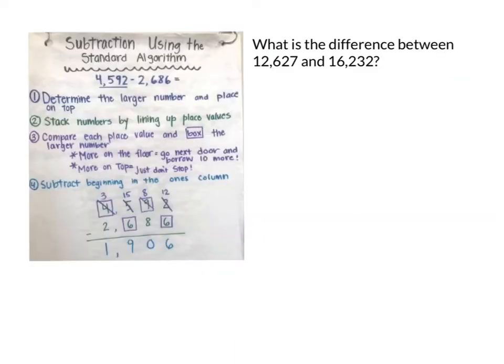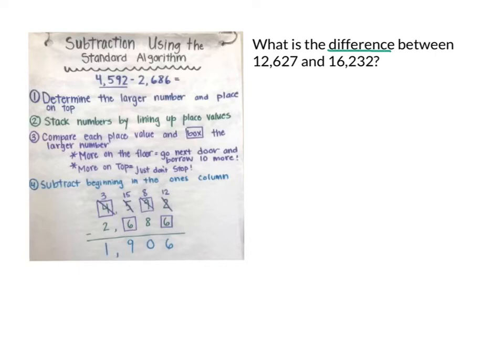Our problem says, what is the difference between 12,627 and 16,232? The first thing that stands out to me is this vocab word, difference. When we are finding the difference, we are finding the result of subtracting one number from another.